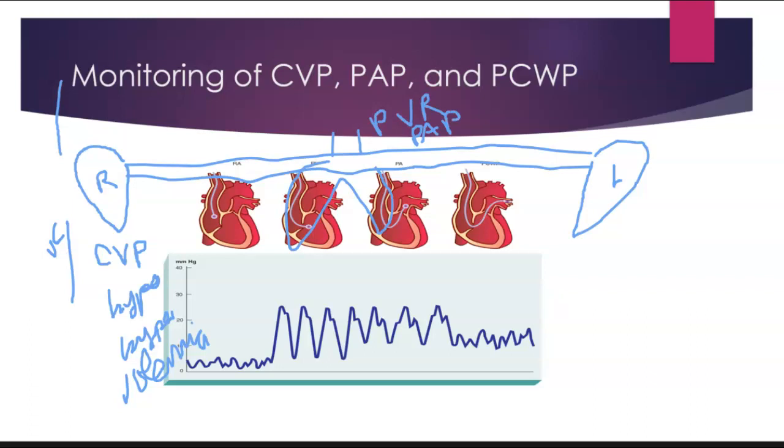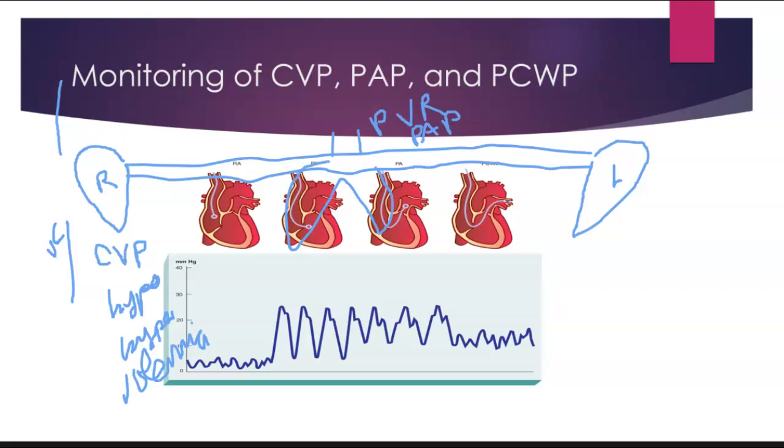Things that primarily affect our pulmonary arterial pressure or pulmonary vascular resistance are things affecting the lungs, like pulmonary hypertension, COPD, mechanical ventilation, and pulmonary embolisms. So my primary issue is going to be here, and then because my right heart has to empty into my lungs, it's going to create a back pressure and have some secondary effects on the right side of the heart.